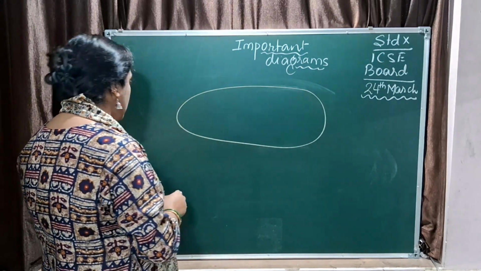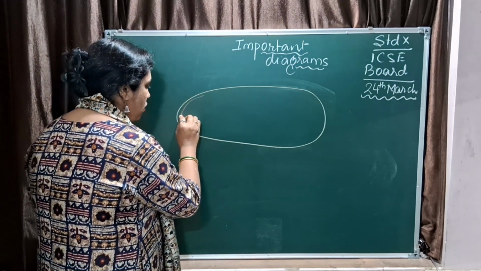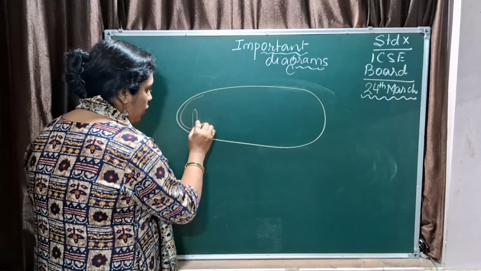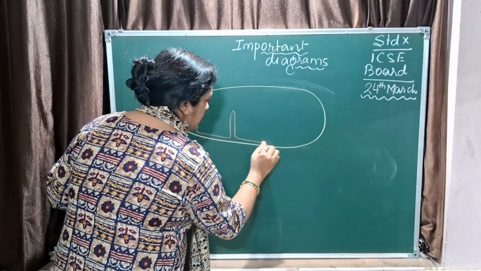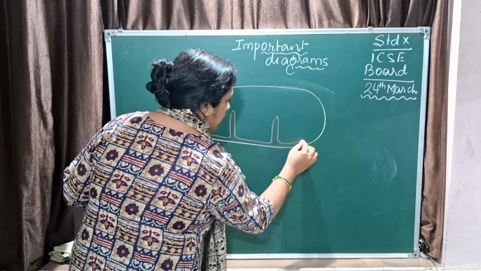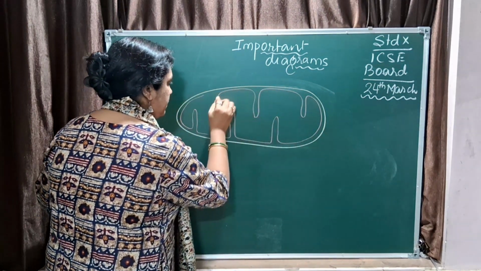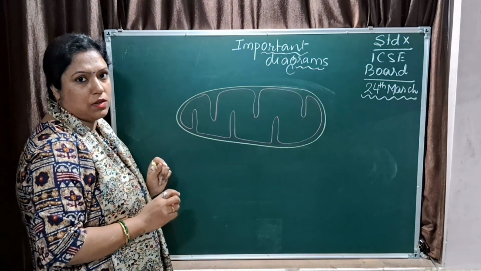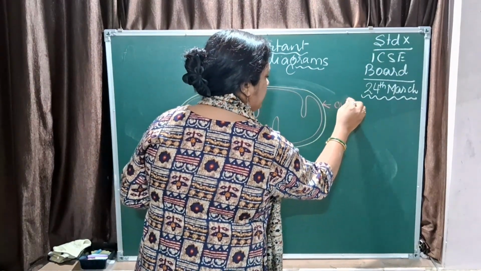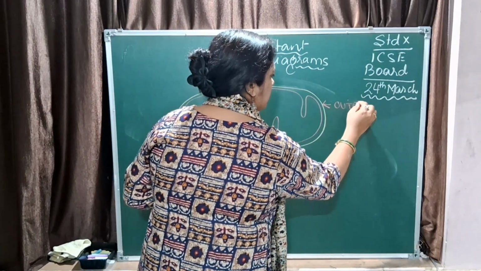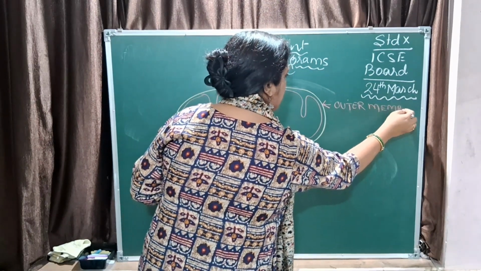So now how will you draw the cristae? Move along with the outer membrane and give a fold. Then again along with the outer membrane and give a fold. So you are making the mitochondria in a very easy manner. This is your mitochondria, right? The outer membrane, I am writing a little shorter here.